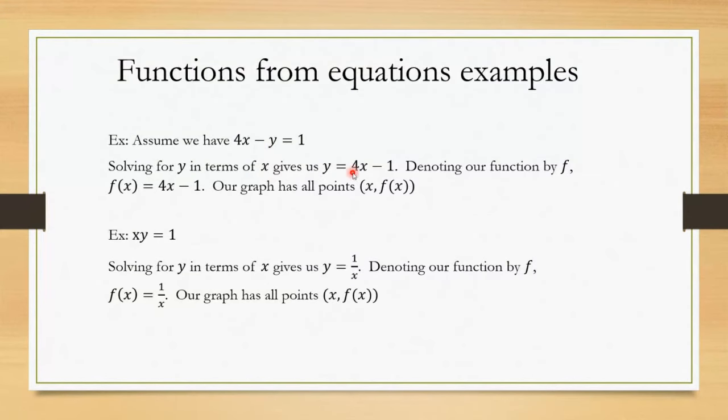Doing so, we get y is 4 times x minus 1. And so now we have y as a function of x. Namely, if I let f be this function, we have f of x is 4x minus 1. So again, I'm replacing y with f of x. That's what I'm trying to do here.